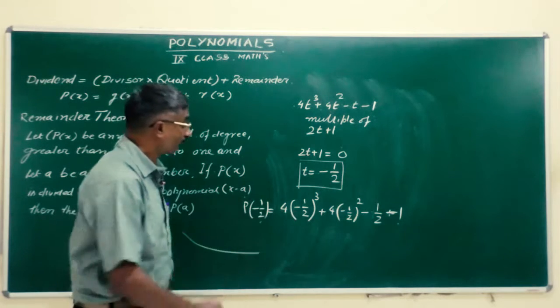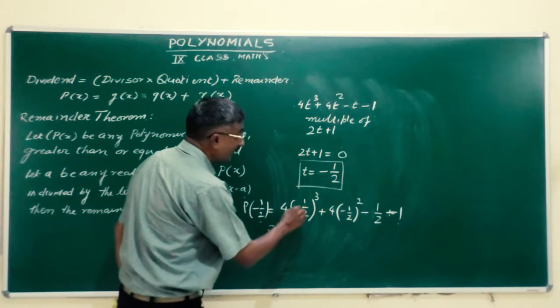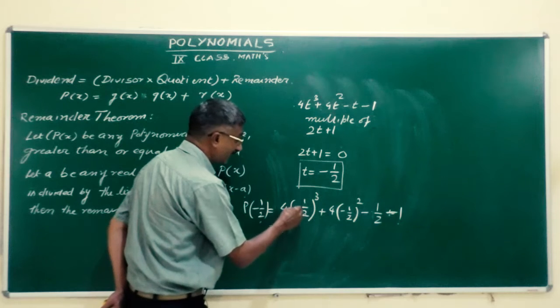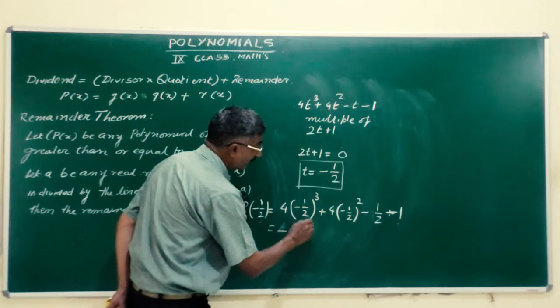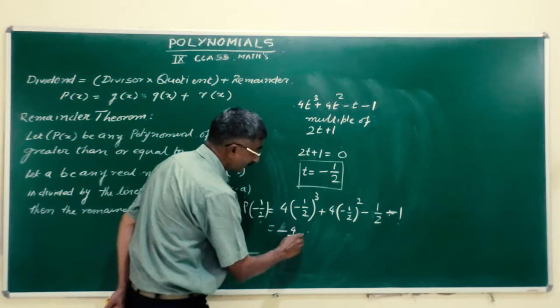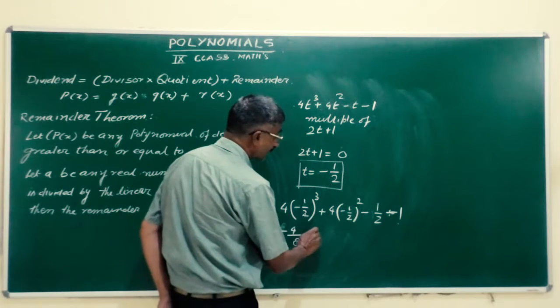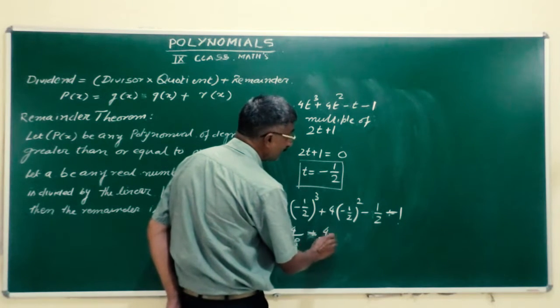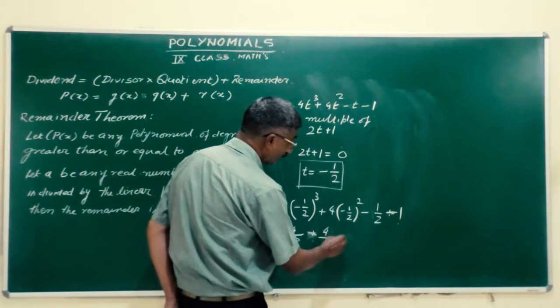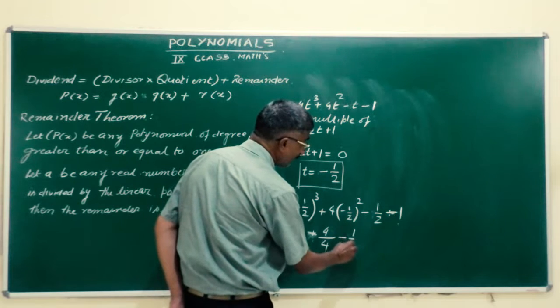Clear? So 4 into (minus 1 upon 2) cube means the minus sign will come in front. 4 divided by 2 cube is 8, so minus 1 upon 2.